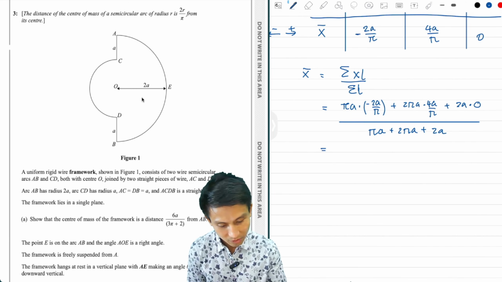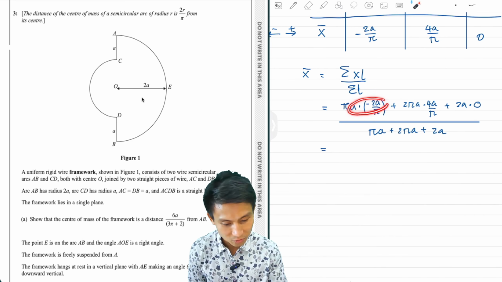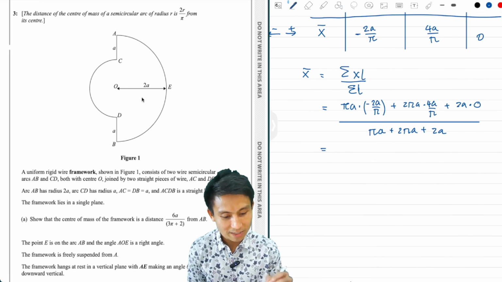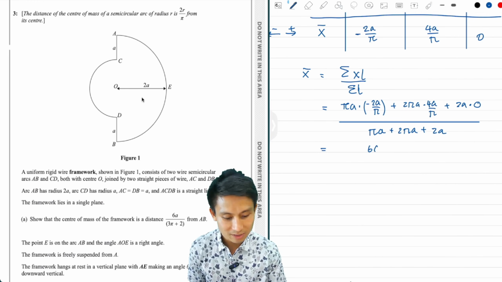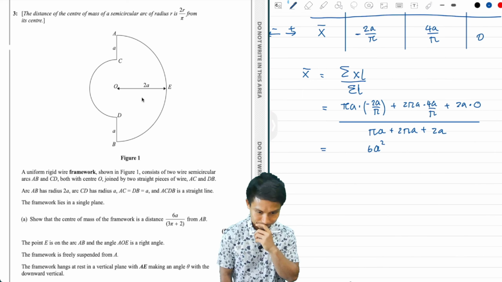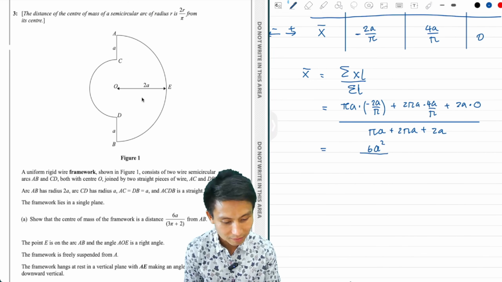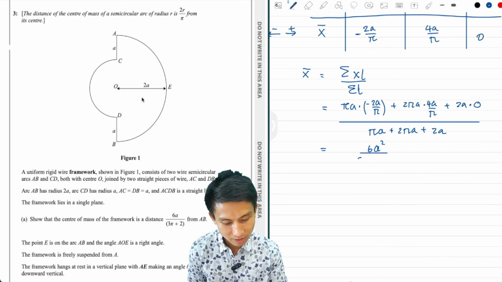Okay, so the top bit is just, this is pi, cancel pi, so you have minus 2a squared here, and then you have 8a squared. Yeah, so minus 2a squared plus 8a squared is 6a squared on top, right? And then divided by, well, the bottom you get 3 pi a plus 2a.